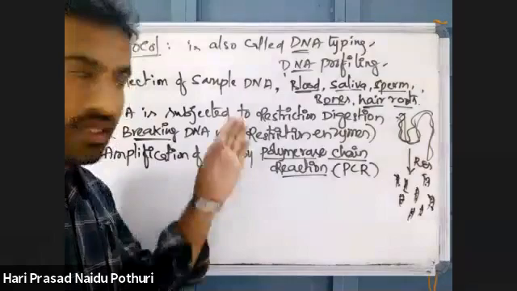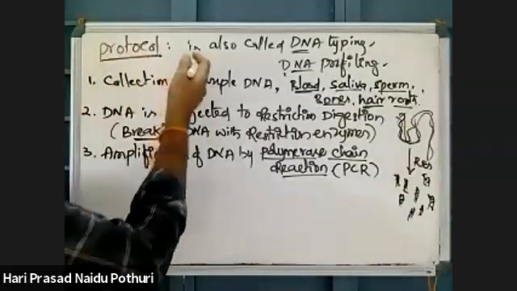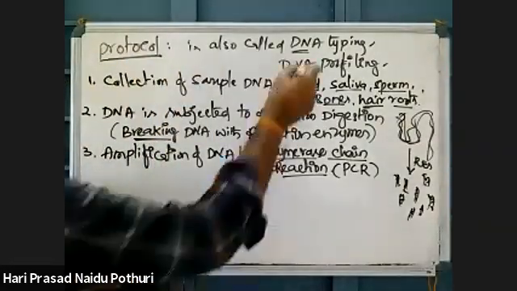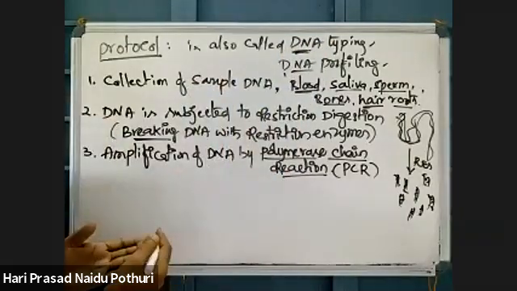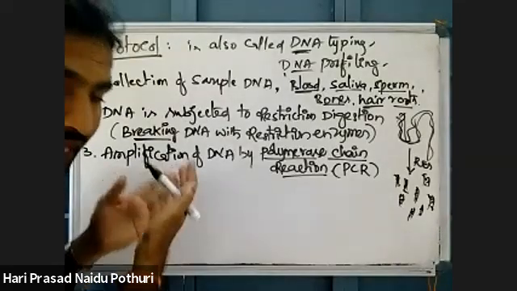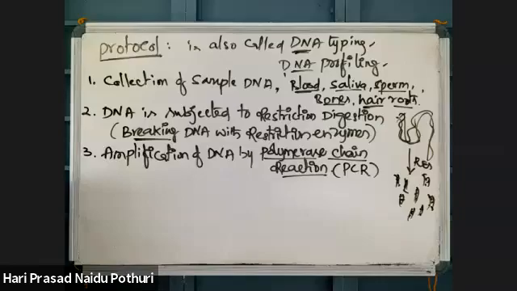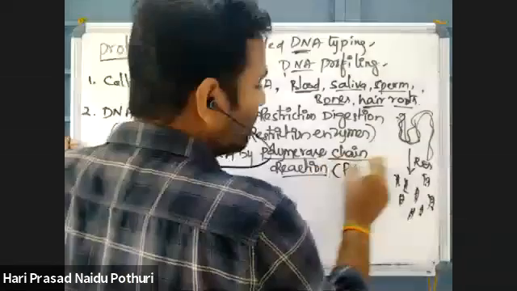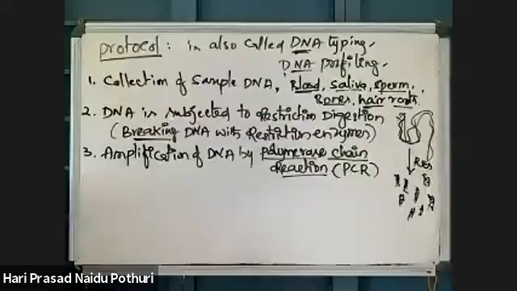This is the protocol of DNA fingerprinting or DNA typing, I told you. Protocol means process or methodology or steps or procedure or the experimental protocol. Here, polymerase chain reaction is used to amplify the DNA.